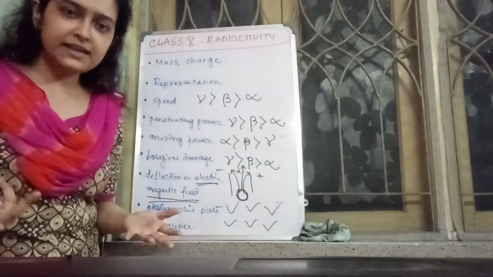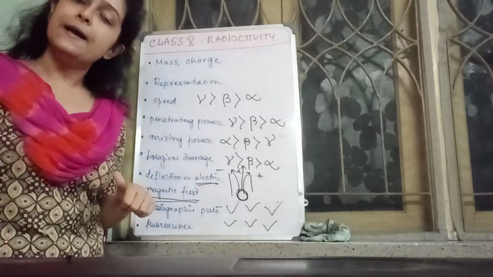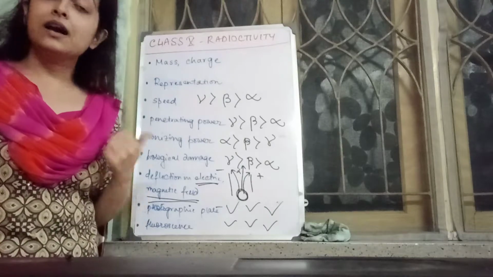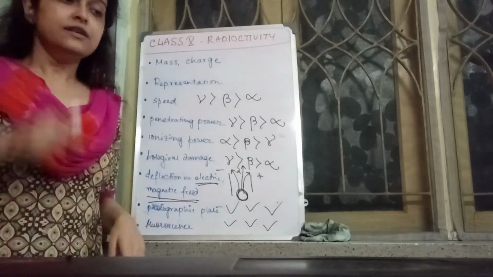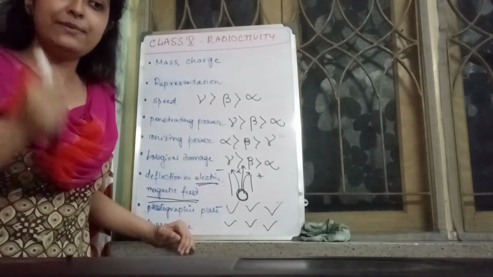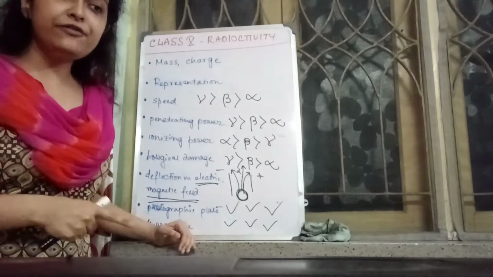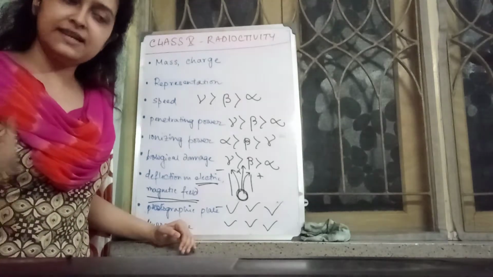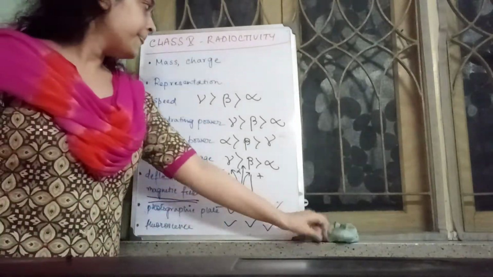Alpha and beta are the charged particles, so alpha and beta will show deflection in magnetic field also. Gamma, being uncharged, will show no deflection in magnetic field. So if you get the question, which radioactive emission shows no deflection in electric field? Gamma. No deflection in magnetic field? Gamma. Because alpha and beta show deflection in electric and magnetic field.